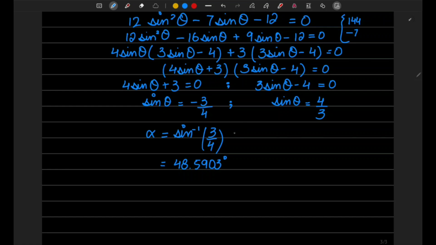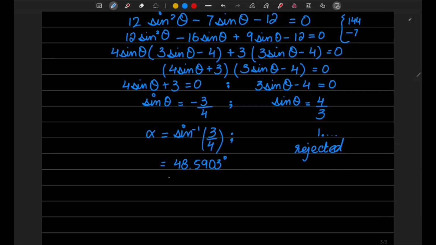For the other part, 4 over 3 is 1 point something, and sine inverse of a value greater than one is not possible, because the maximum value is 1. So this part of the working is rejected because it is not possible.